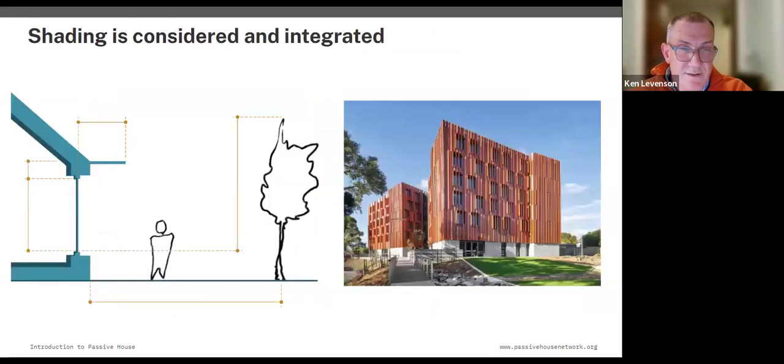External shading is the best. Well, let's say shading is considered an integrated measure. We can add interior shading if need be, and people will install interior shading. But to the extent that we can, in considering the exposure of the building, comfort, and energy use, we're trying to go beyond that a bit, because exterior shading is much more effective than interior shading.